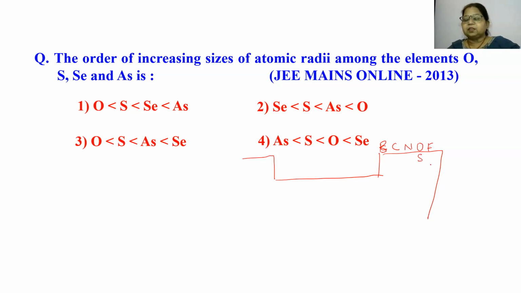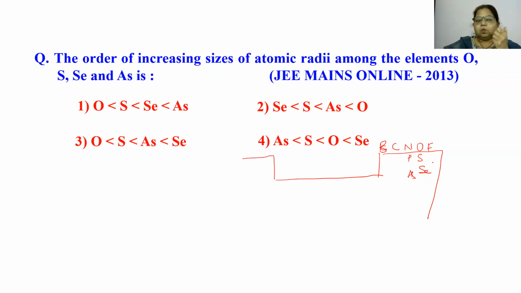Oxygen is followed by sulfur and selenium. Nitrogen is followed by phosphorus and arsenic, right? This particular case is a mix of elements from the group as well as the period.